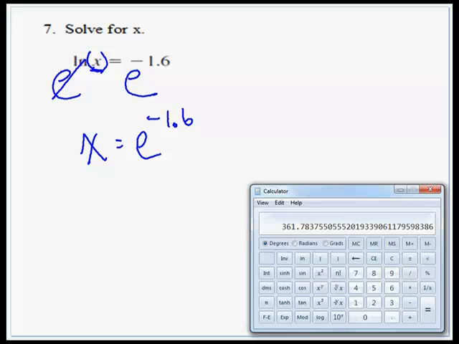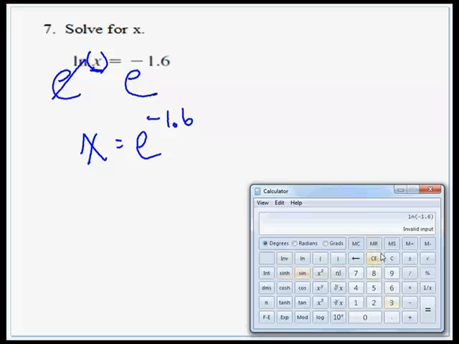And let's see if we can do that on the calculator. So we have our inverse key. Where are the exponentials? Right here. We want our exponent to be negative 1.6. So 1.6 negative, and we're going to raise that to, inverse.